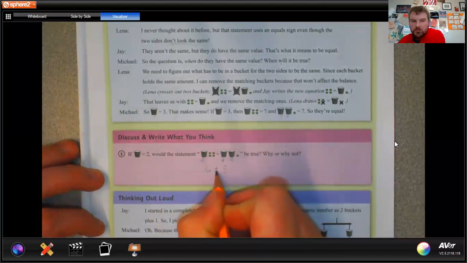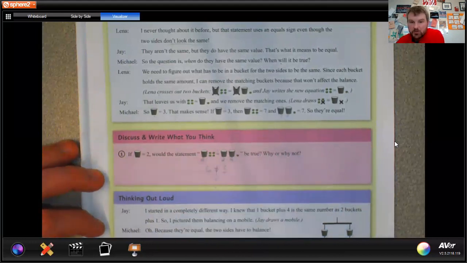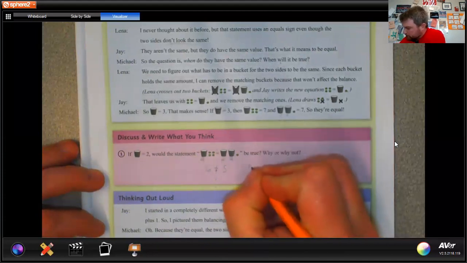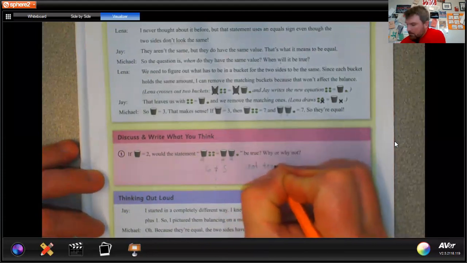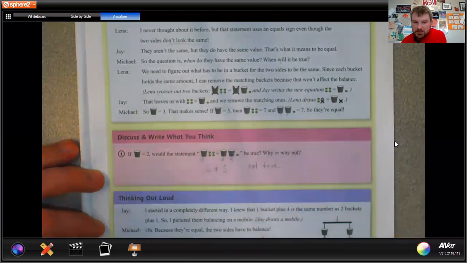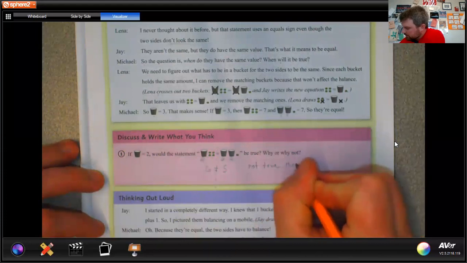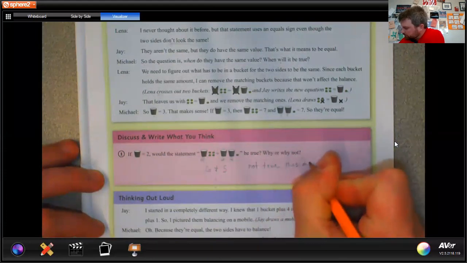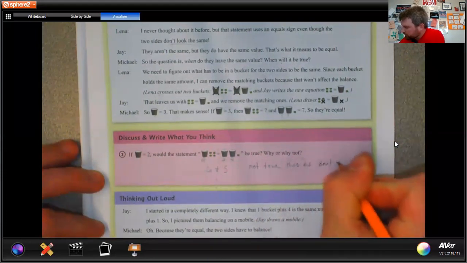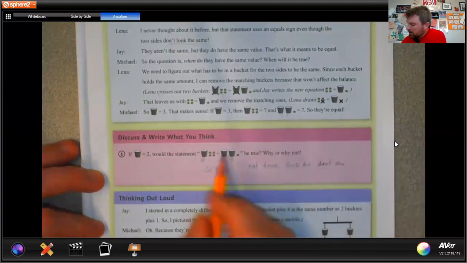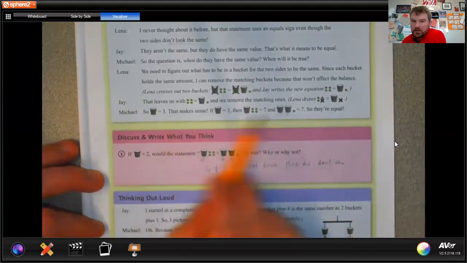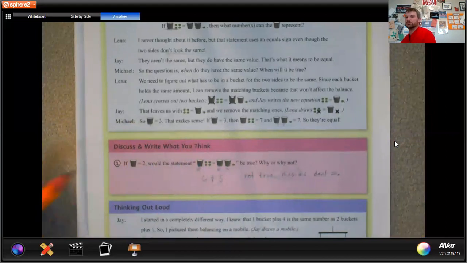Well, we know that 6 does not equal 5. So it is not true, because the 2 sides don't equal. And again, they figured out up here that the only way they will be equal is if a bucket equaled 3.